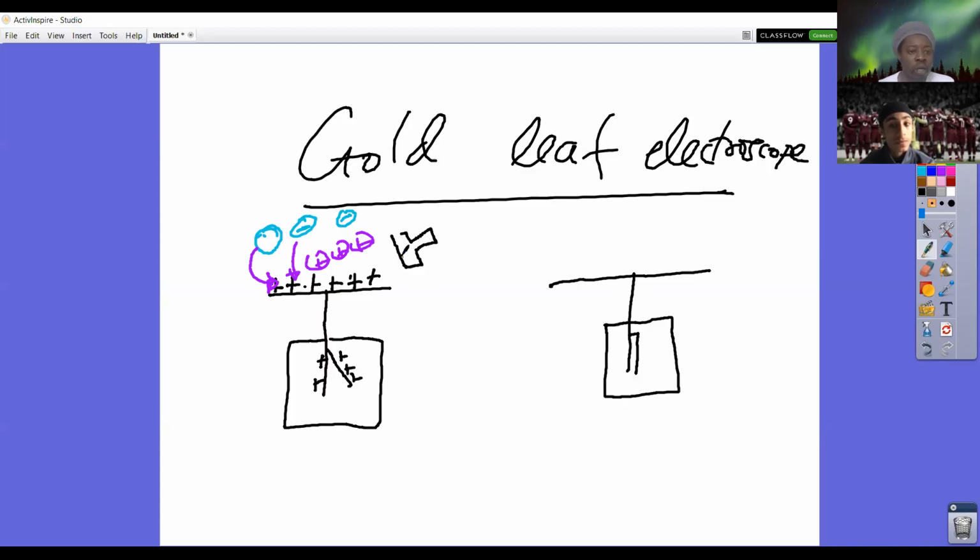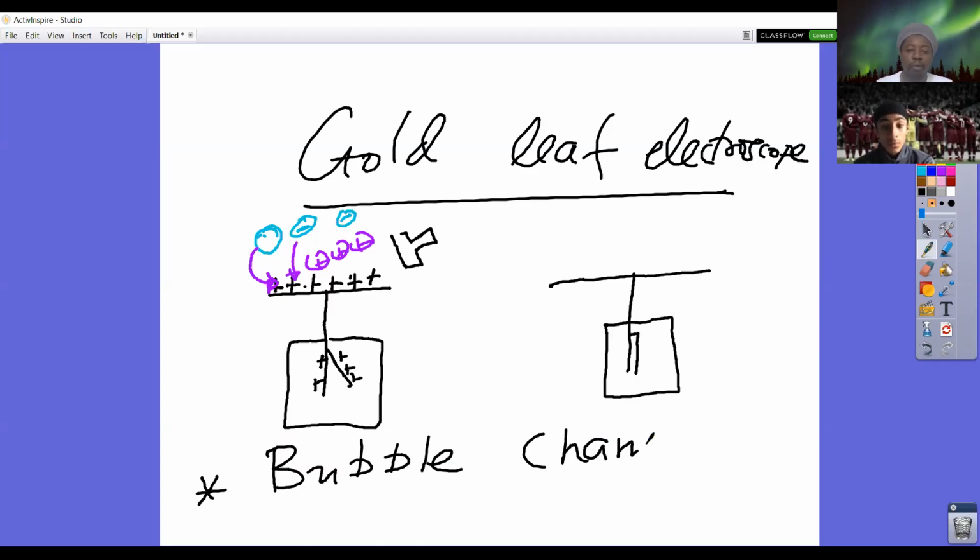So that is another way you detect radioactivity. You either use a gold leaf electroscope, or a Geiger-Müller tube, a GM tube, or a photographic film. There are other methods as well, which you don't have to worry so much about, but are worth remembering. You can use something known as a bubble chamber. I'm not going to go into the details, but that's another method of detecting it.